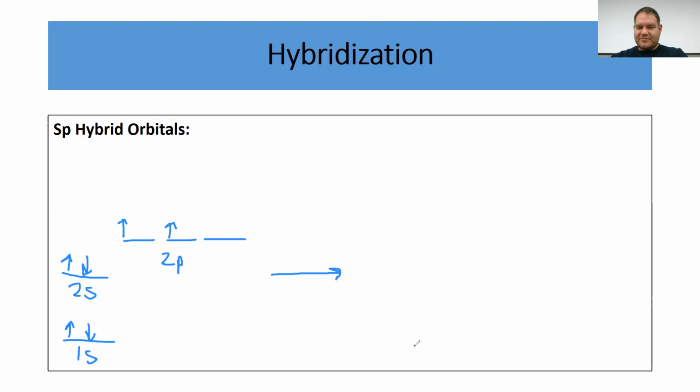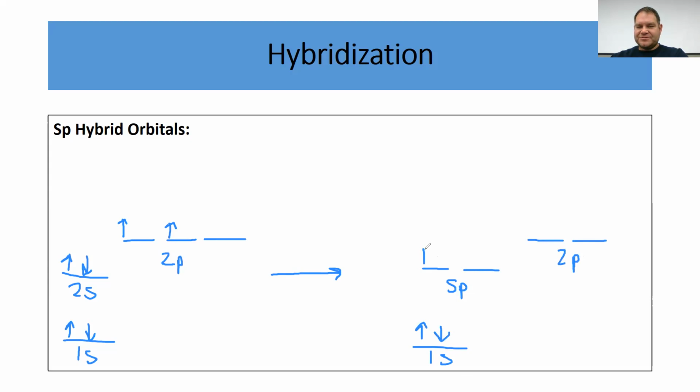Okay, so we still have, by the way, our 1s, so I'll still draw that, still filled. That's our core electrons. And then our valence electrons are now going to be in an sp hybrid orbital. We have 2 of them. And what's left over is 2 p orbitals, okay?